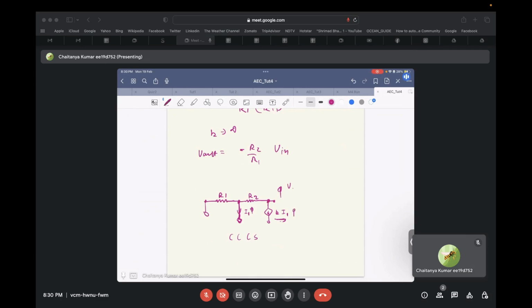And if the current coming out of this node tries to go up, this particular node will try to go down. So basically, this circuit is trying to reverse any stimulus applied to it. Hence, the circuit is in negative feedback. And if the circuit is in negative feedback, the controlling terminal has to go to zero. That means I1 is supposed to go to zero.